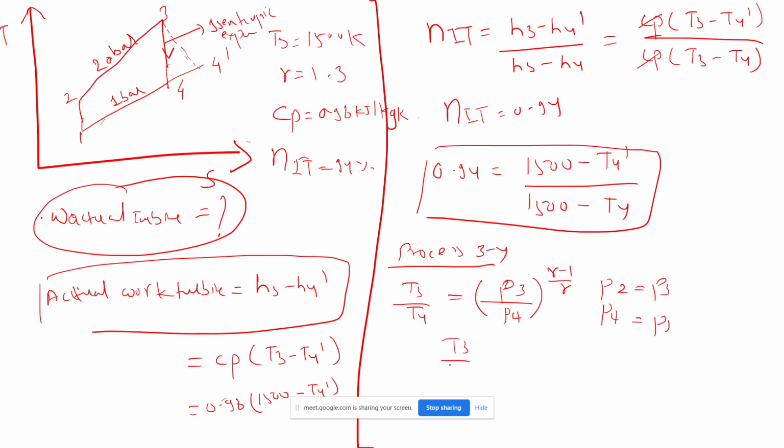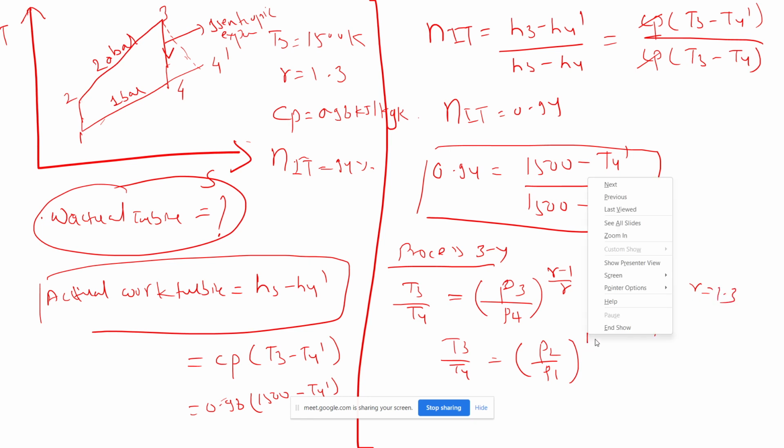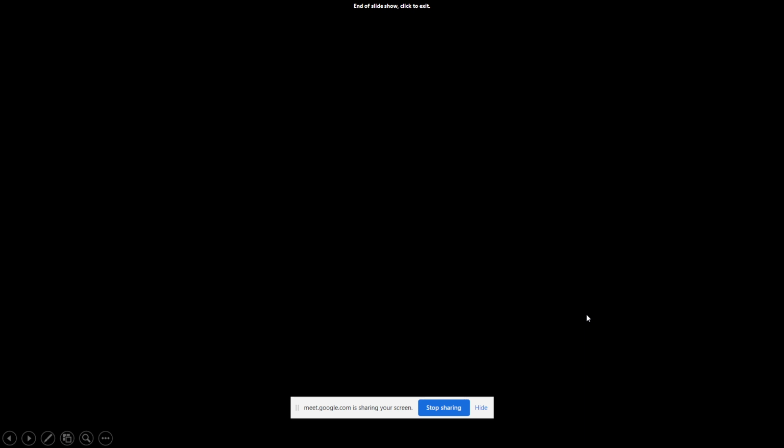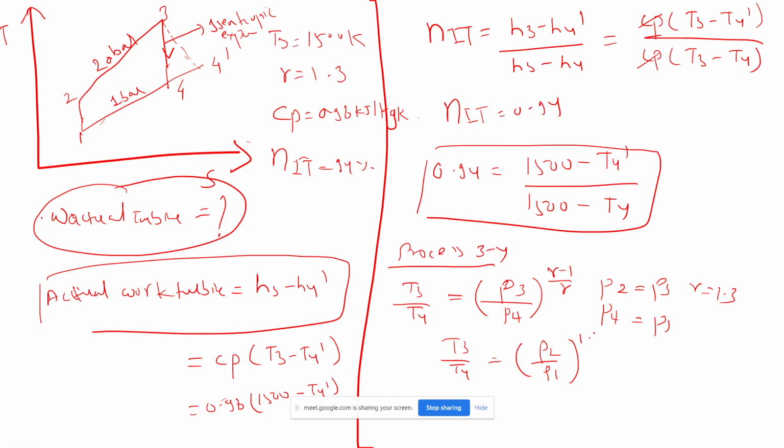Gamma is given as 1.3, so (1.3 minus 1) upon 1.3, and P3 is 20 bar, so 20 divided by 1 to the power 0.3 upon 1.3.